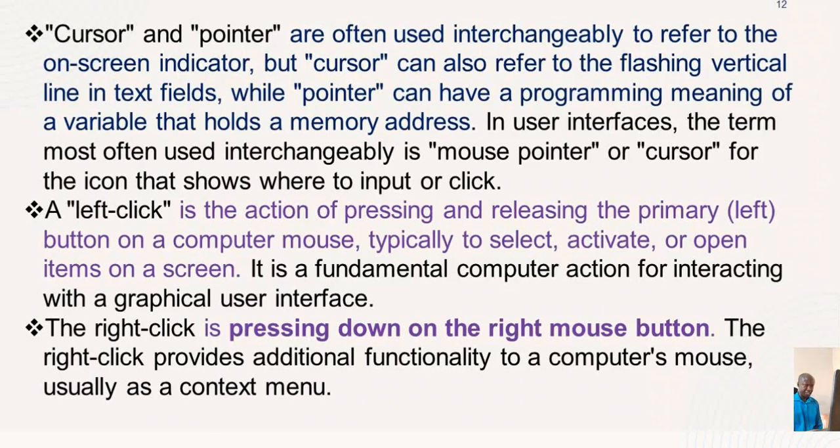A left click is the action of pressing and releasing the primary left button of a computer mouse, typically to select, activate or open items on a screen. The right click is pressing down on the right mouse button. The right click provides additional functionality to a computer's mouse, usually as a context menu.